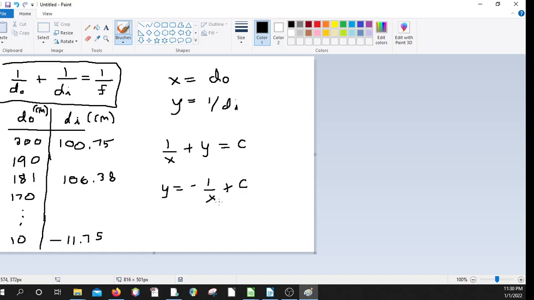Now, if we did it right and linearized it, what we should get is y equal to some constant times x plus another constant, like y equals mx plus b, where m and b are constants. And so clearly this did not work because we have x in the denominator.